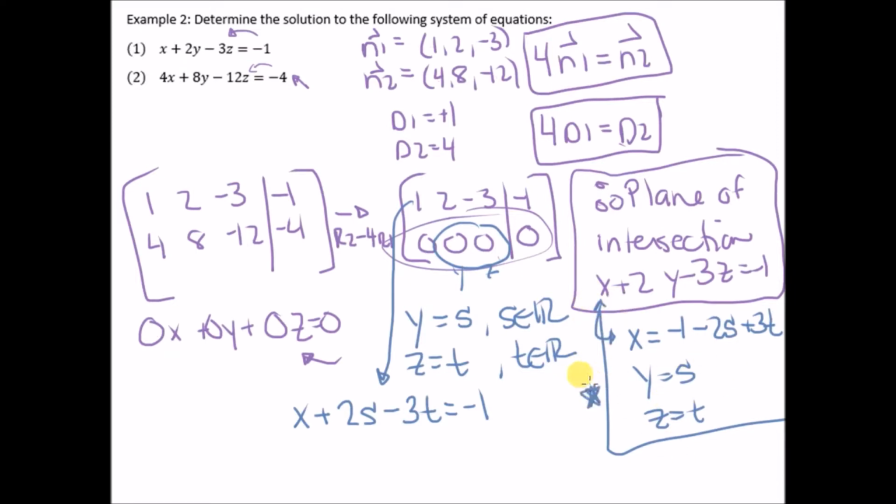This one is probably just more accurate, a little bit like one step further, where you're subbing in parameters for y and z. So any parameter for y and z, and then x is -1 minus 2 of the s parameter plus 3 of the t parameter. So every point that lies on this plane is a solution to this system of equations.